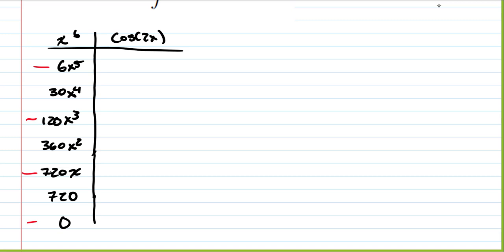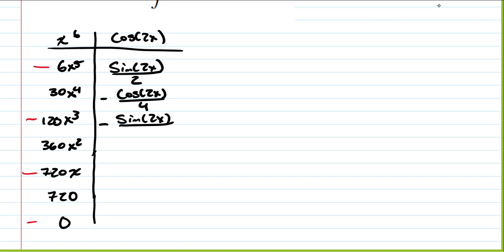Now we're going to integrate down the second column. The antiderivative of cosine is sine 2x over 2. The antiderivative of sine is negative cosine 2x over 4. The antiderivative of cosine is sine, so we get negative sine 2x over 8. The antiderivative of sine is negative cosine, so minus minus makes it positive: cosine 2x over 16.